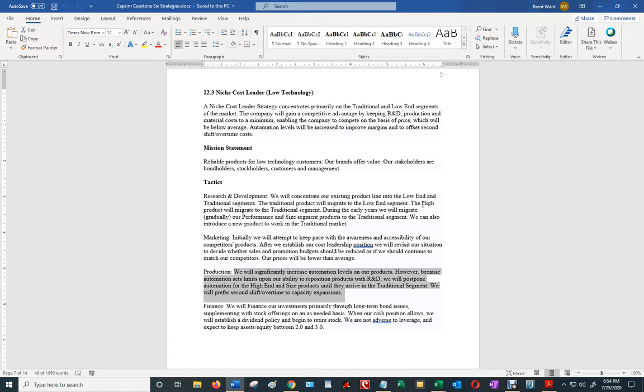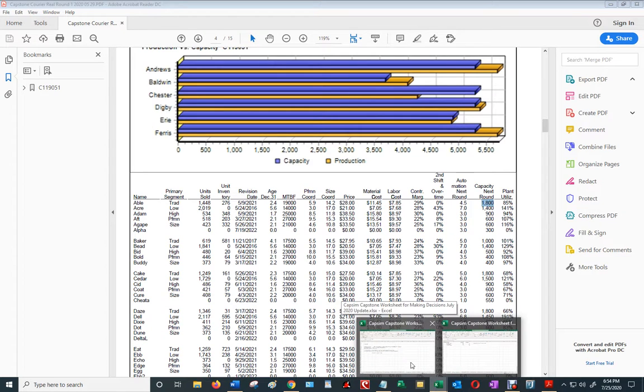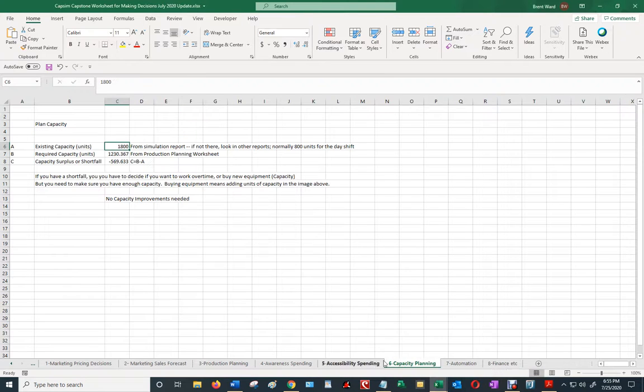So what this means is I've got 1800 units of capacity listed here. I believe that is for one shift. So what I can do is I can just use that. I don't have to add any more capacity. So the spreadsheet is superfluous because there's no real calculation needed for this. But my capacity was 1800.